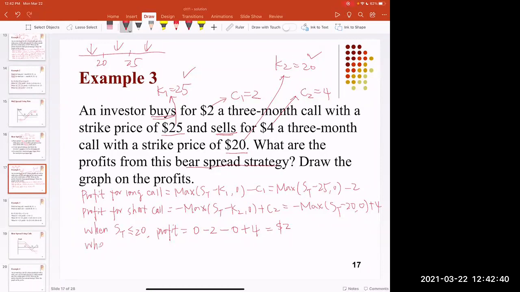When the stock price is between 20 and 25, the profit equals what? The stock price is still less than 25, so ST minus 25 is still less than 0, right? Can you do that? Finish case 2.